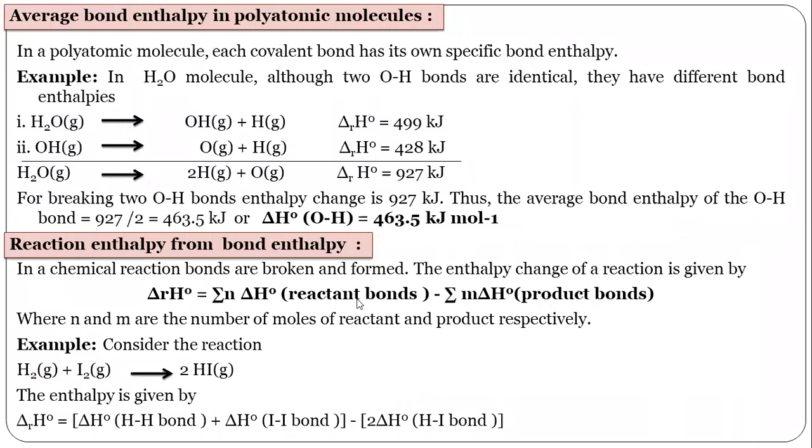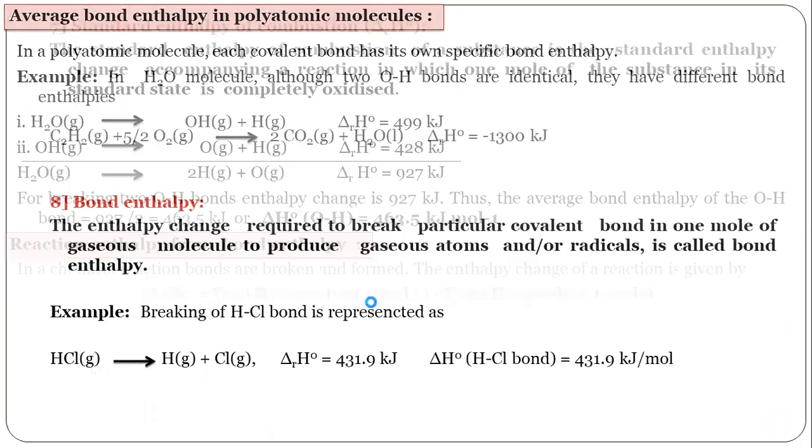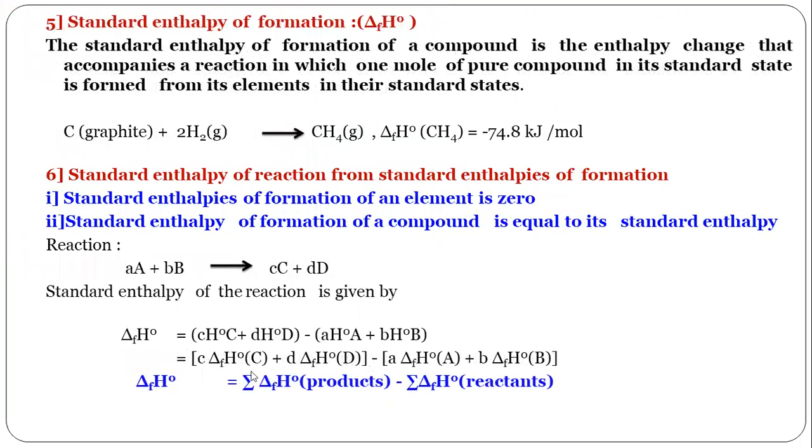In the textbook, there is a mistake. The word bond is missing, so the students get confused. Actually, these are two different formulas. When we have to calculate the standard enthalpy of formation, we use this formula, products minus reactants.